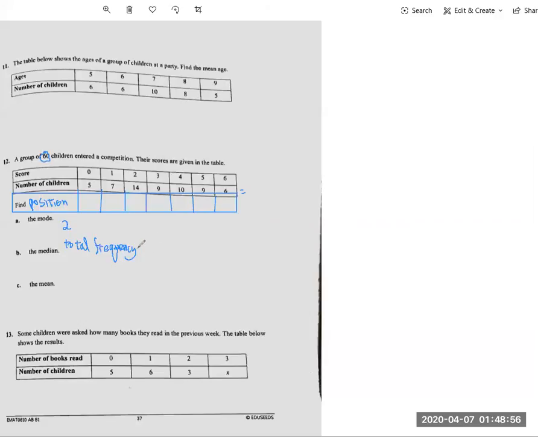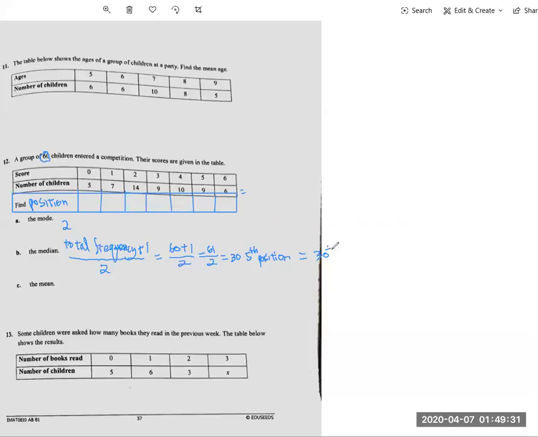So what you do is total frequency plus 1 divided by 2. So it's 60 plus 1 divided by 2. That gives you 61 over 2. That will give you 30.5 position.